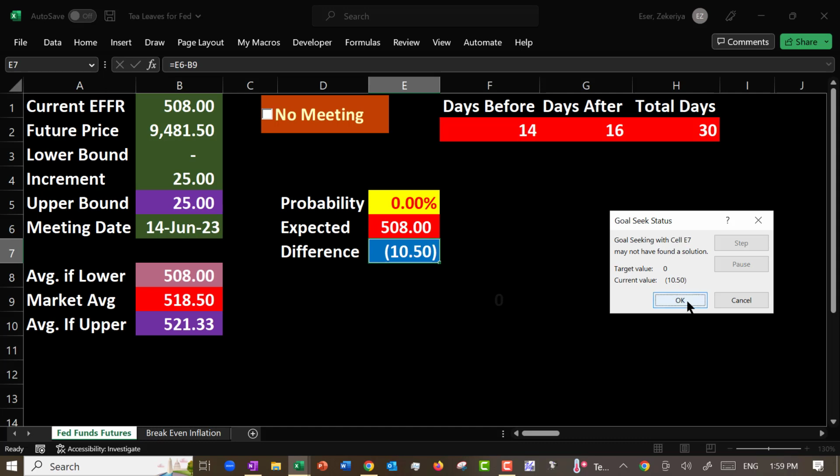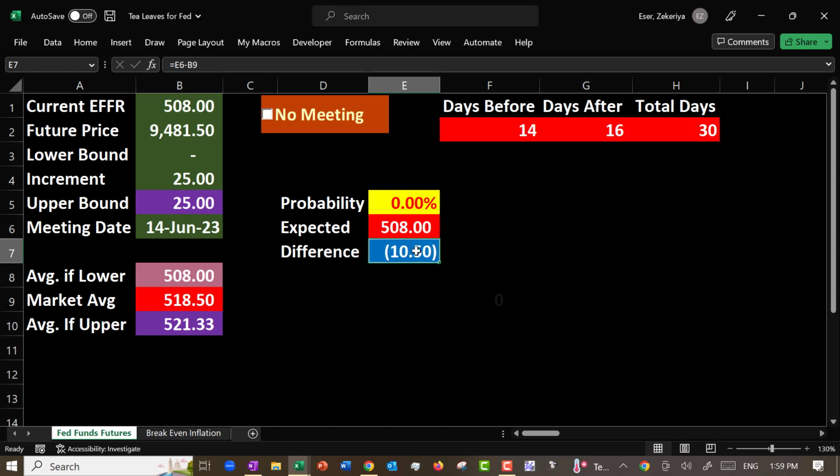Couldn't find a solution. So let's kind of do it by hand. 10%. It's actually almost, let's see.